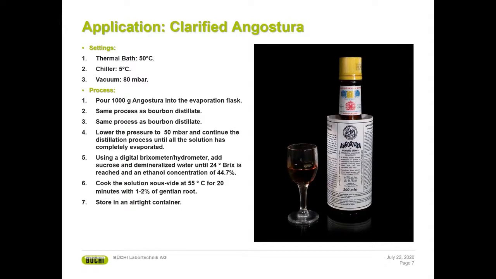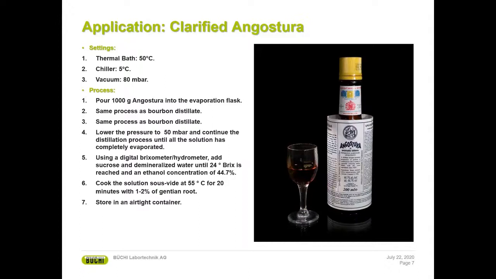In fact, some aromatic compounds of the Angostura are highly soluble in alcohol and partially in water, which is the reason why they emerge during the whole distillation process. For this reason, I suggest you completely evaporate the solution in order to obtain a distillate with a very powerful aromatic profile.